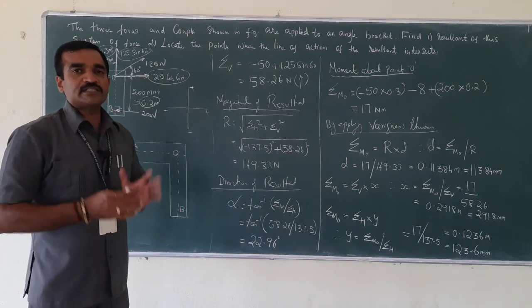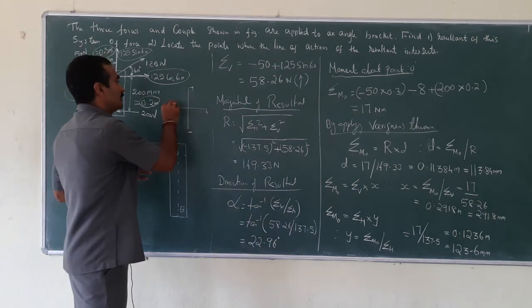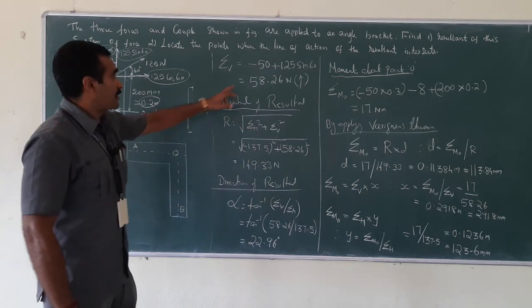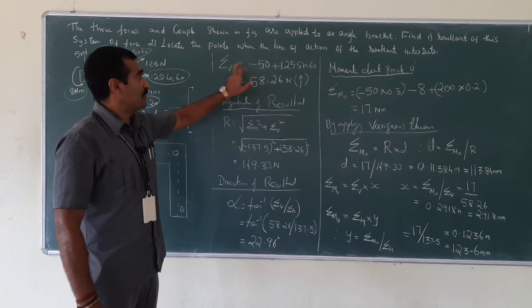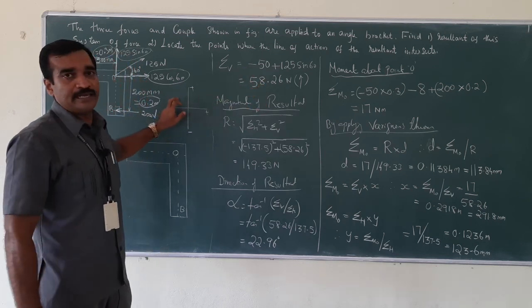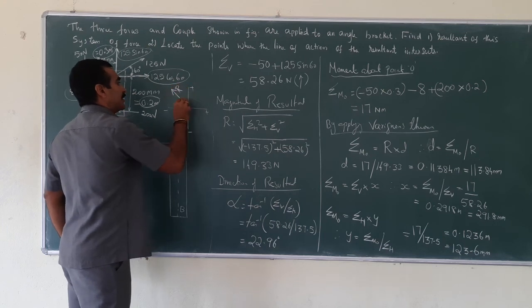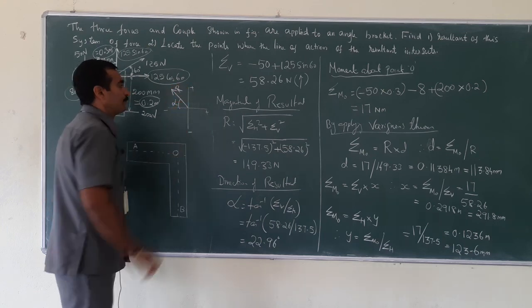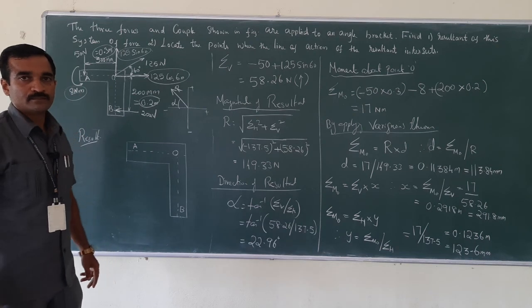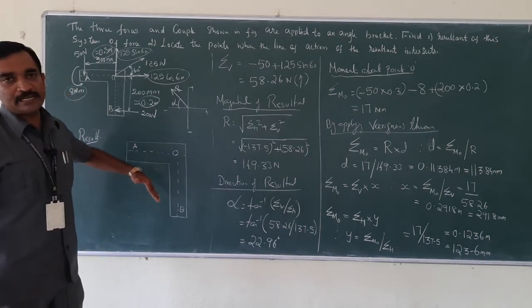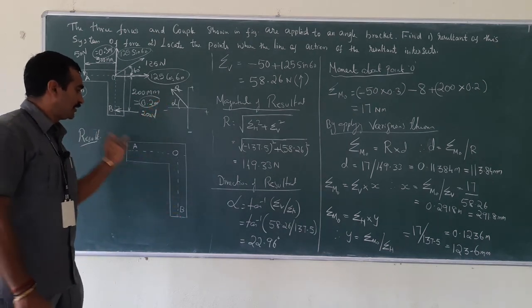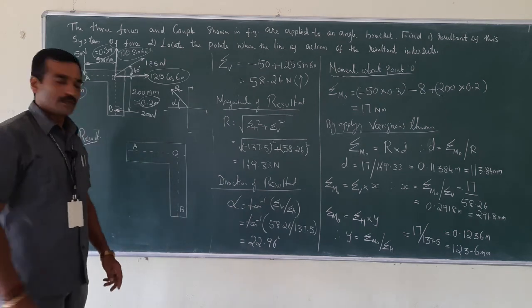If the summation H value is negative, it will lie here, and the summation V is a positive value, therefore it lies in the second quadrant. So the resultant will act here in this direction. So naturally the resultant will act in this way only.